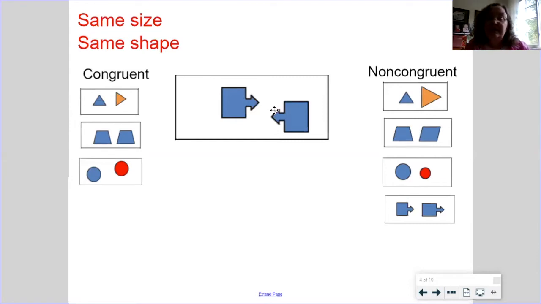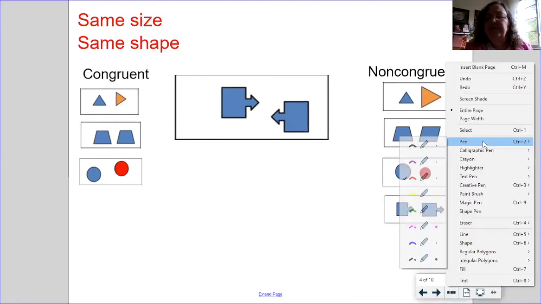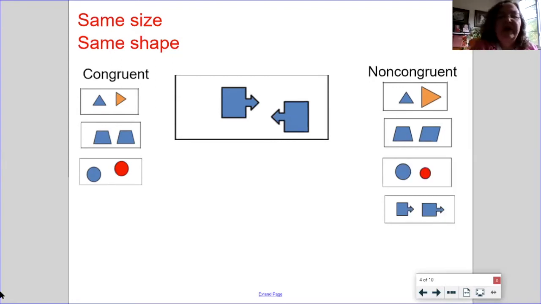Do these look like they could be the same size and the same shape? Well, let me try. I'm going to trace over this one, and get my pen back out here. Let me trace over this one.